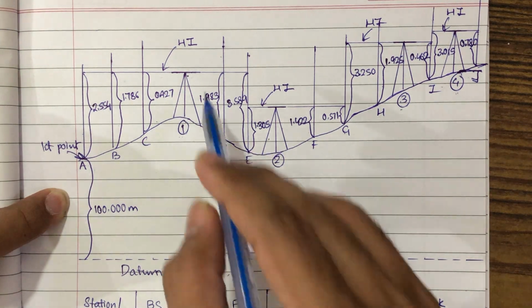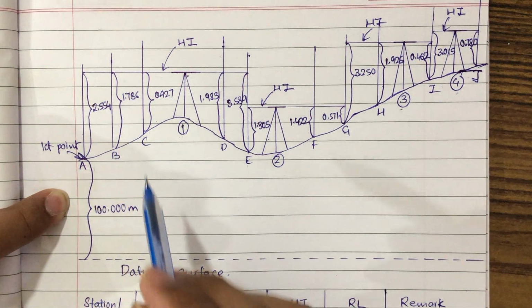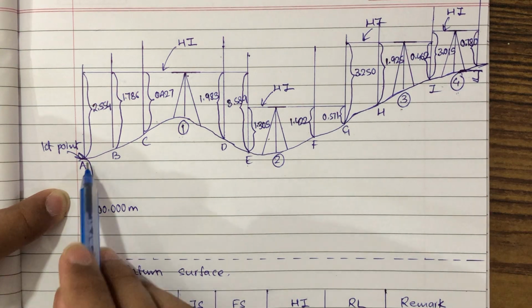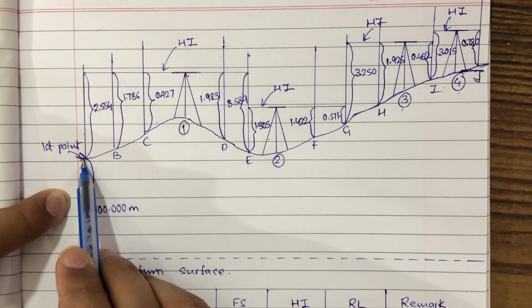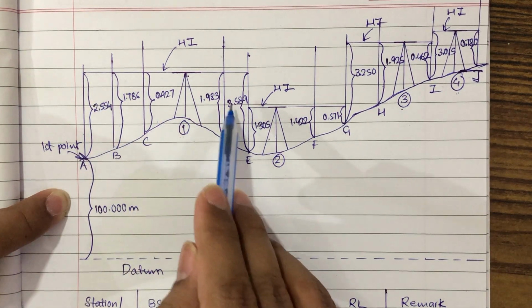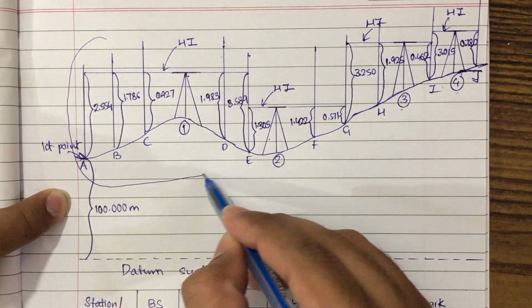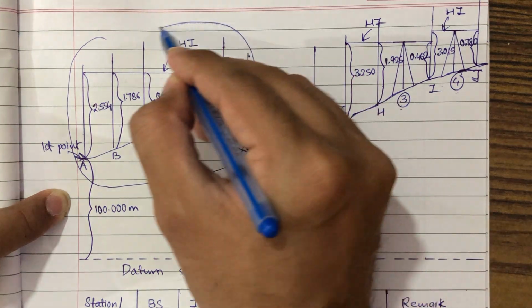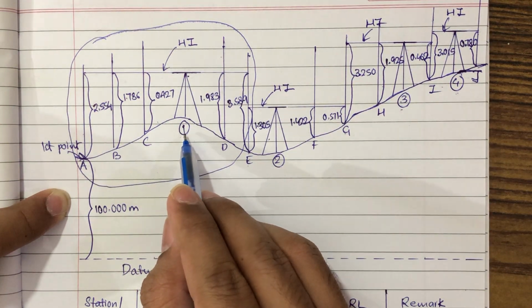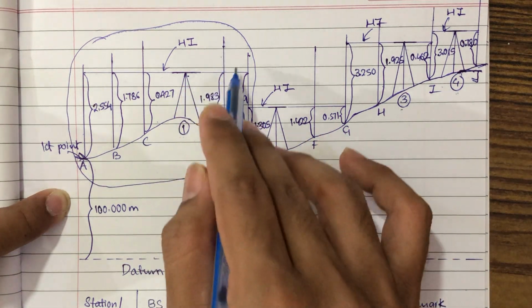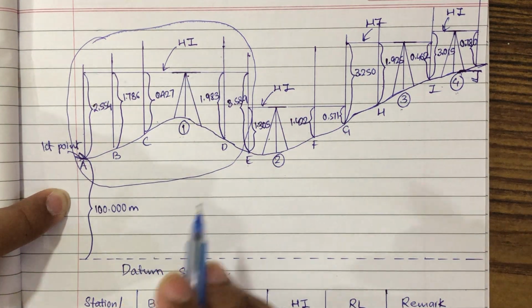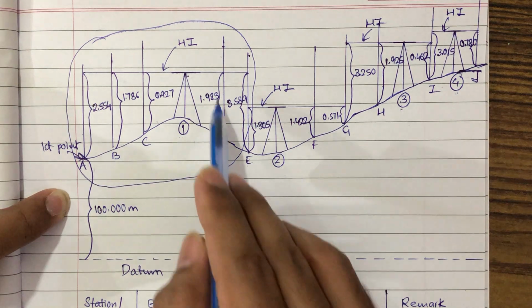Now what will this height of instrument be? We are only talking about this setup now, when the instrument was at position 1. Its height of instrument we have to find out.